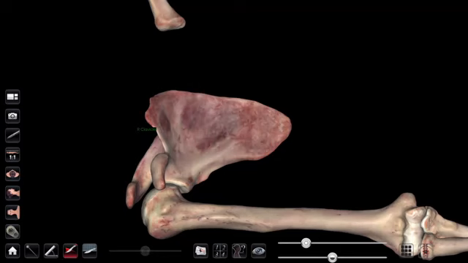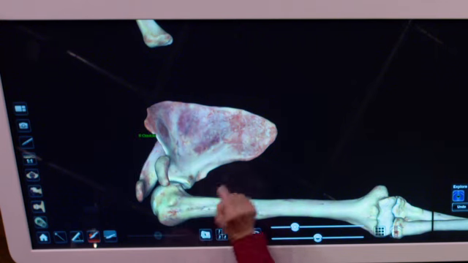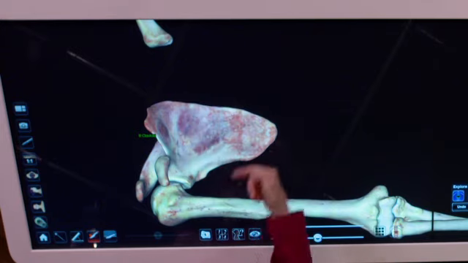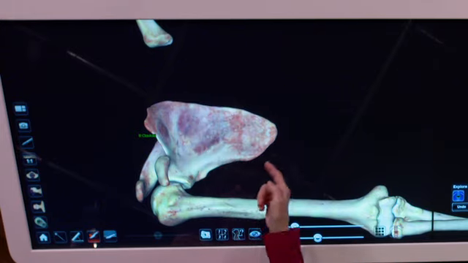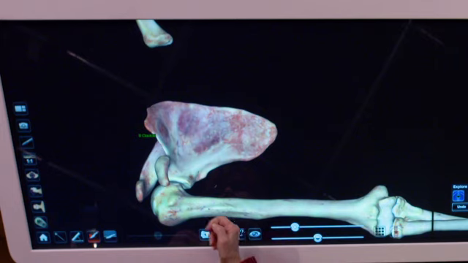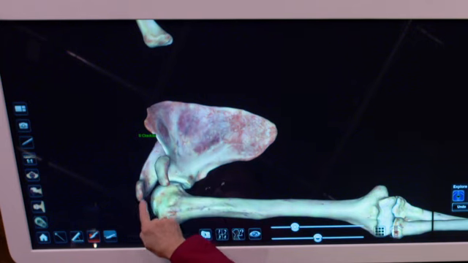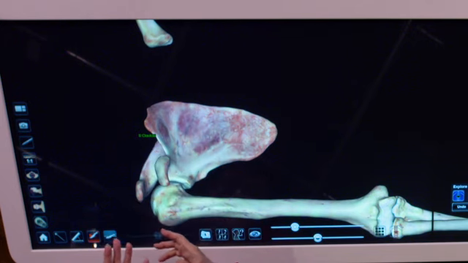If we take the clavicle off, we can see the scapula in its entirety, and we can see the superior angle, inferior angle, this medial or vertebral border, the lateral or axillary border, and we can see the coracoid process that sticks out anteriorly, as well as the acromion that projects laterally.